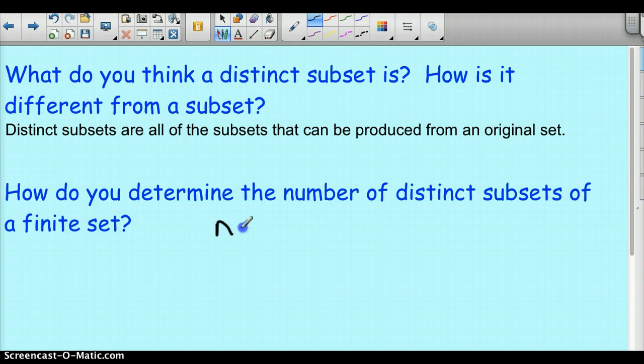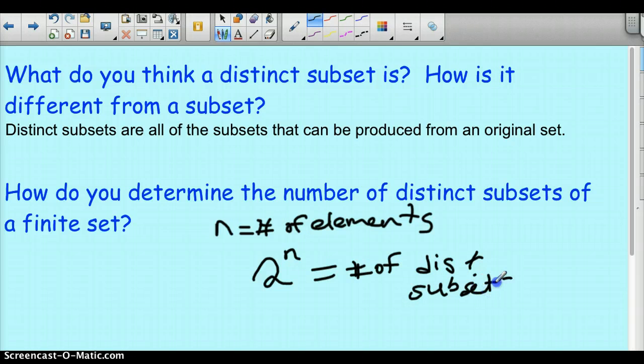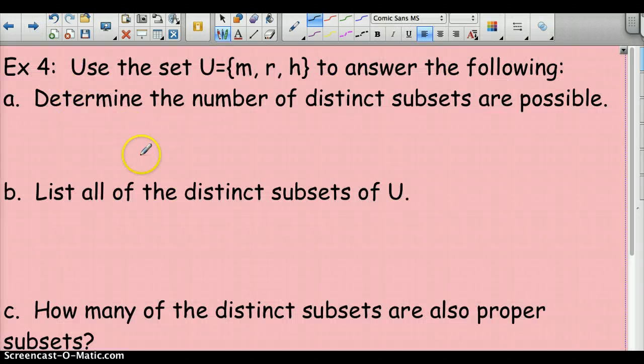If we make n equal to the actual number of elements within the set, then the formula 2 to the nth power will tell you how many distinct subsets are produced. Easy stuff. Simple formula. Please remember it as we go through because people do forget it each time.